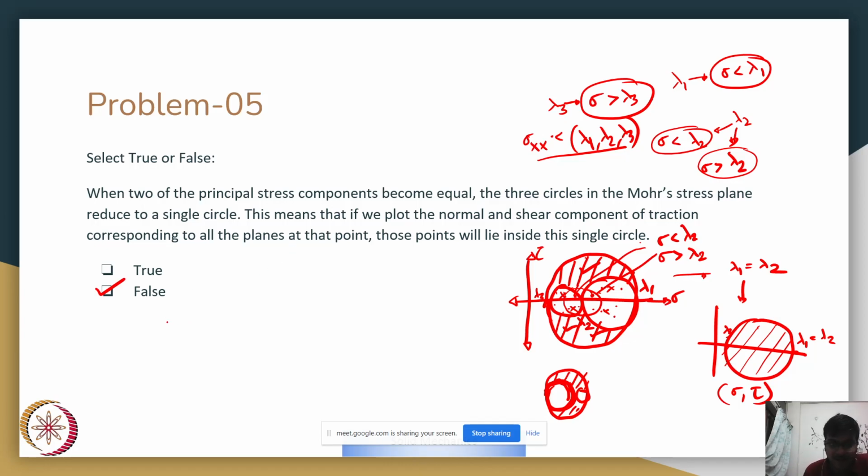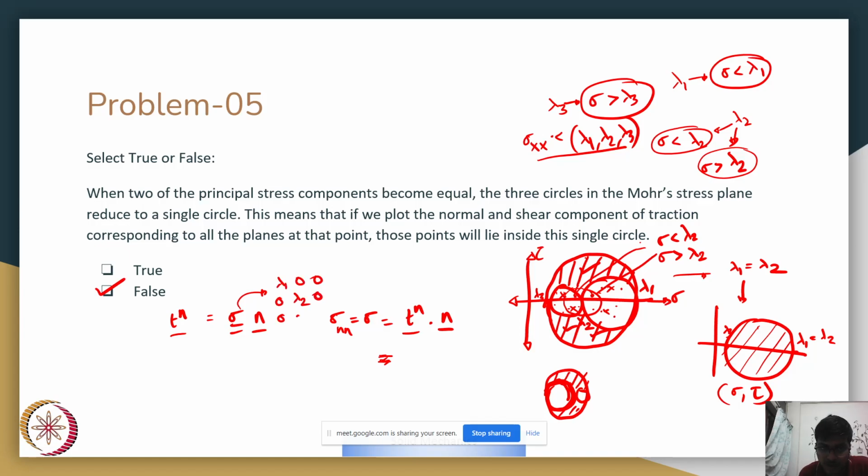If I have any general state of stress, and any general traction Tn, say sigma n, I can use this to find sigma nn, which I rewrite as sigma, is Tn dot n. If I use a coordinate system which aligns along the principal axes, then my sigma would be diagonal with lambda 1, lambda 2, lambda 3, and I enforce the condition that lambda 1 is greater than lambda 2 greater than lambda 3.